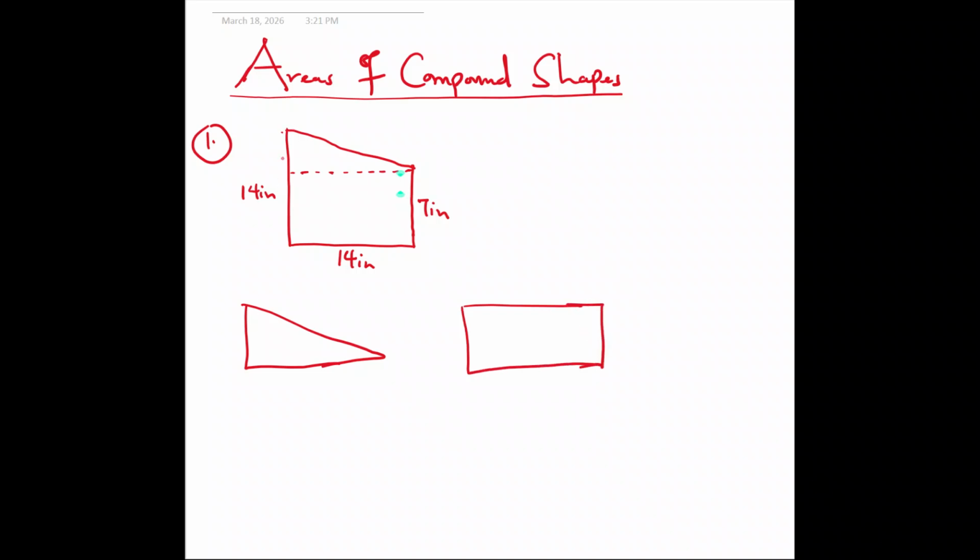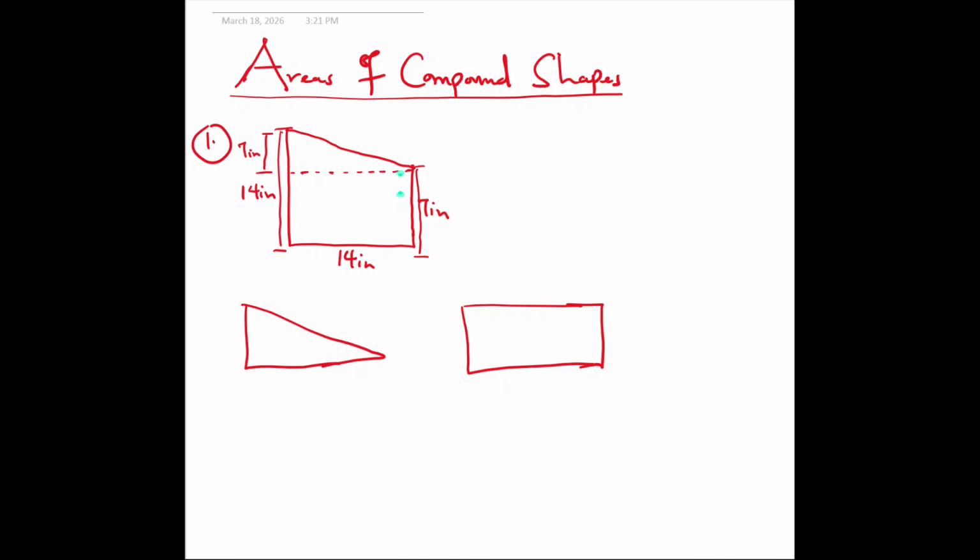From here to here is 14 inches, and from here to here is 7 inches. So if from here to here is 7 inches and the whole length is 14 inches, therefore the distance from here to here will be 14 inches minus 7 inches, so this place is 7 inches.